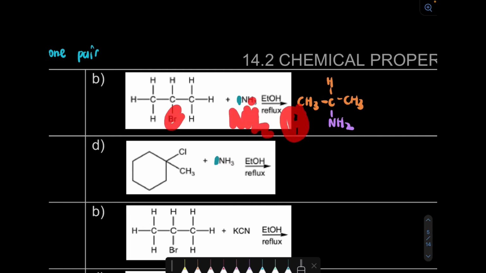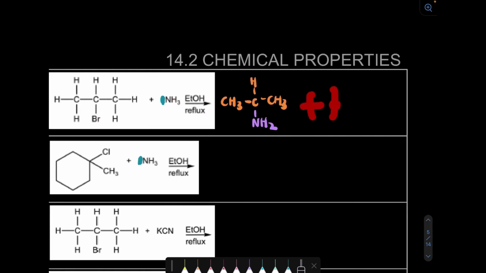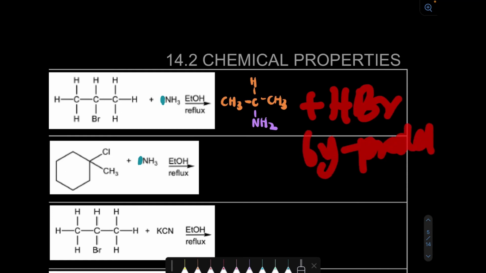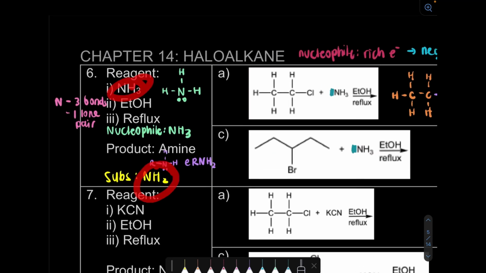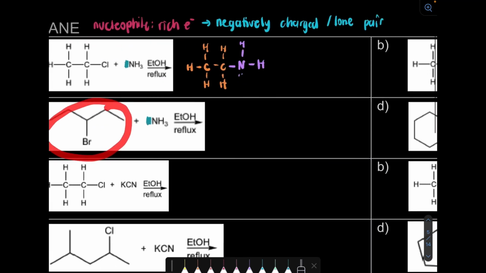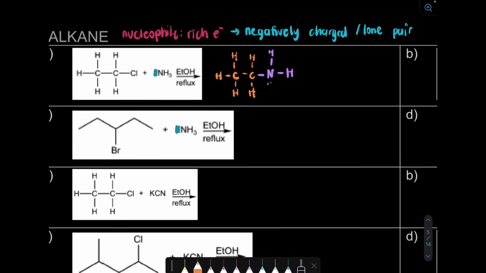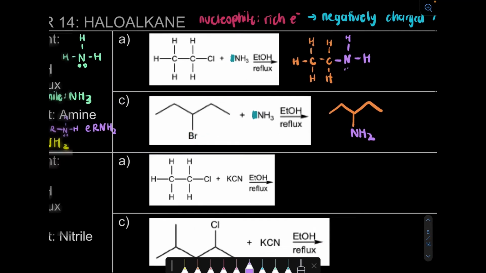Actually one hydrogen will react with bromine, but again the byproduct is not compulsory for you to write down, so it's fine if you don't. Question C, we're going to substitute our bromine with NH2. So that is actually our product. Question D, I believe you could do it yourself.